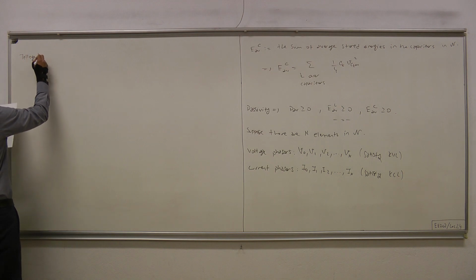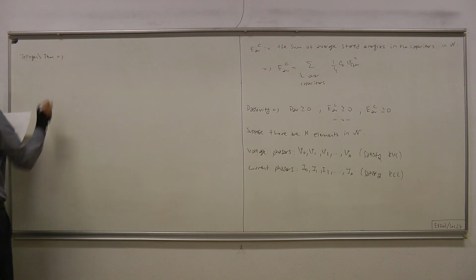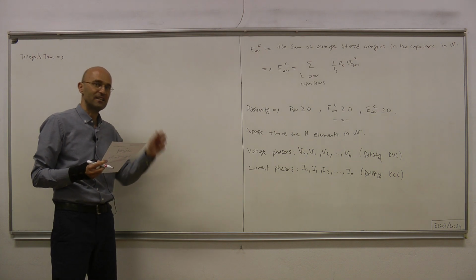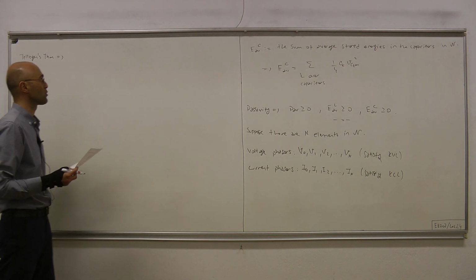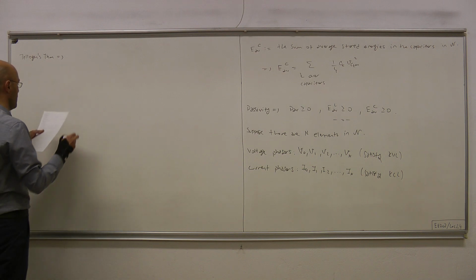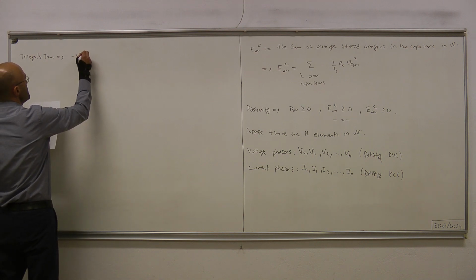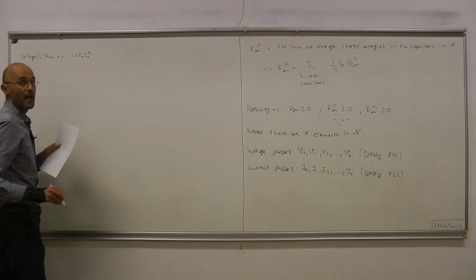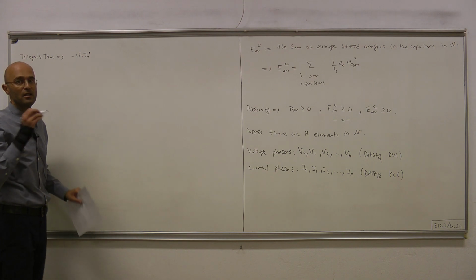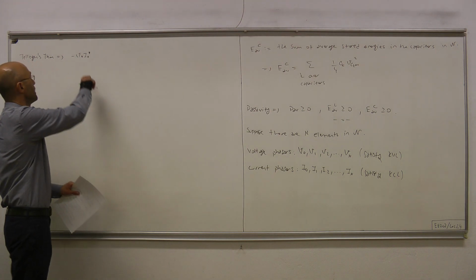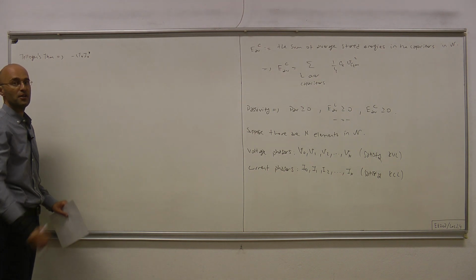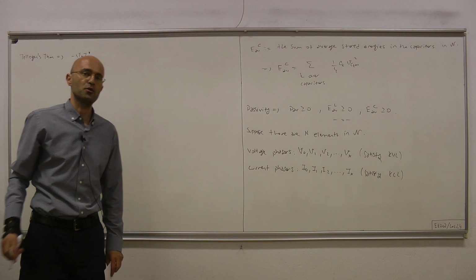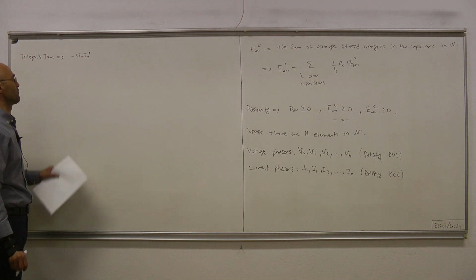It's not directly Tellegen's theorem, but it's implied by it, and that implication is quite straightforward to show. We have minus V0 I0 star, where star means the complex conjugate of the variable. If I0 is 3 plus j4, then I0 star is 3 minus j4, and so on.